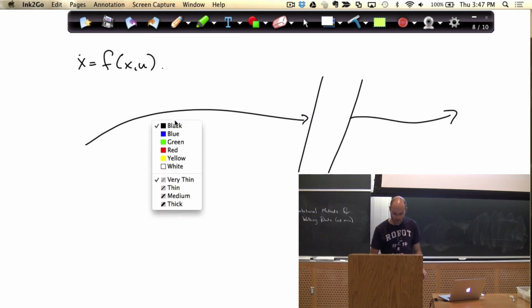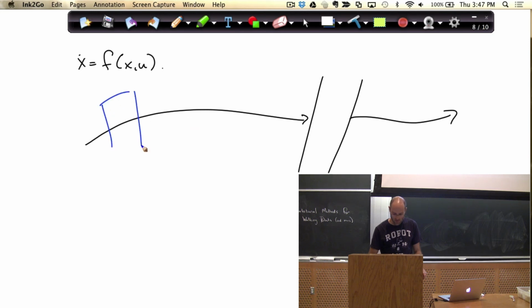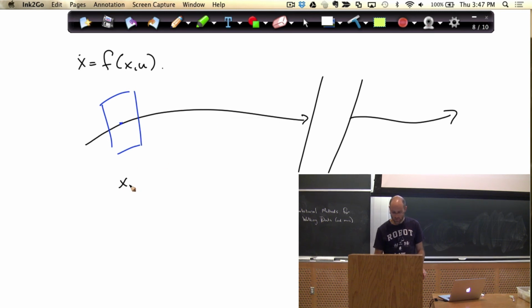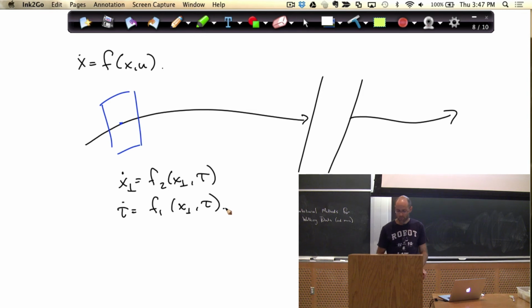And I've constructed some transverse coordinates that I'm driving through, so I can write my system down in the coordinates x perp dot, tau dot. Okay?